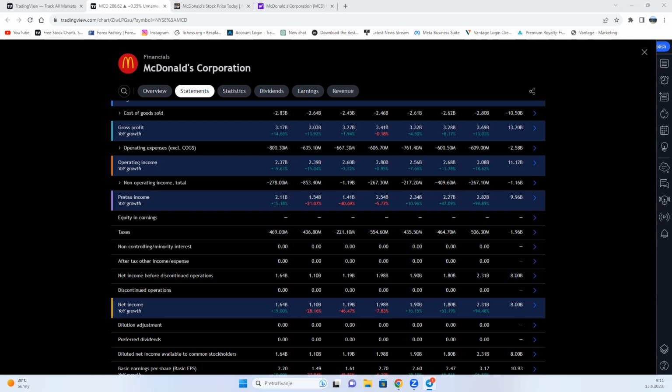For example, the British pound: the British economy is weak, with high inflation, and they look at it and say, okay, this should go up. So this is how different hedge funds work. Today we're going to cover McDonald's Corporation, because I find it a really good opportunity in the future, looking at what I will actually do with this corporation after studying its financials and its management.